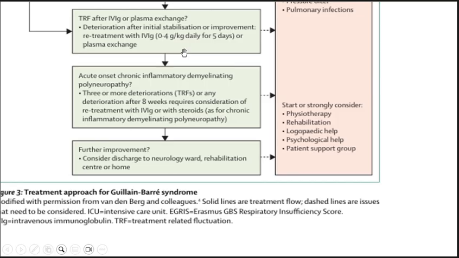Whereas if this occurs more than three times after the primary treatment, or if the deterioration is noted even after 8 weeks of the treatment, then it is considered as acute CIDP.